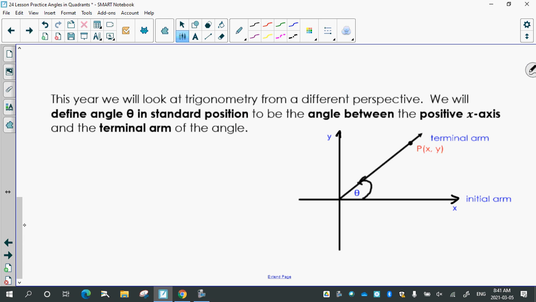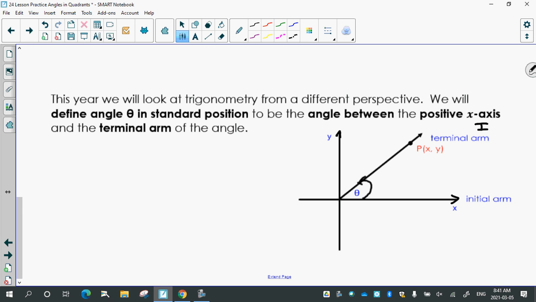So the positive x-axis is considered to be the initial arm of the angle, and the terminal arm is where the angle stops. So you can see that if the angle is in the first quadrant, so this is quadrant 1, it's going to be an angle between 0 and 90.